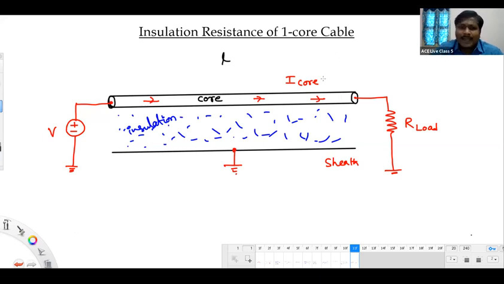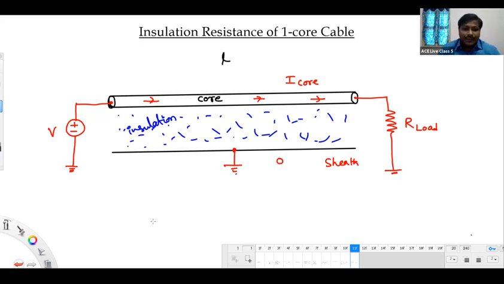But there will be some current in the insulation also. You please tell me, how is the current direction in the insulation? Simple. This conductor is operating at a voltage V and the sheath is operating at a potential of 0. So we have a current flow from conductor to sheath.